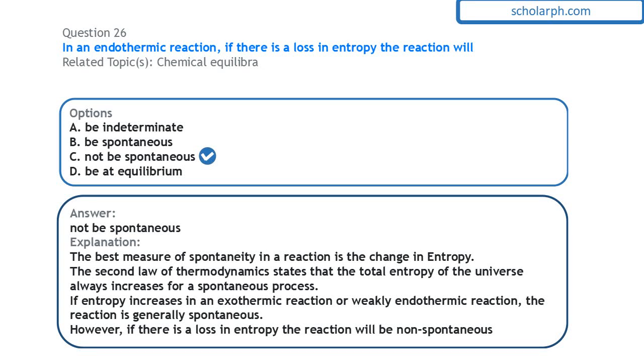So if the entropy of the reaction medium is lost, then that reaction is not going to be spontaneous, meaning it will require some sort of energy to initiate that reaction.